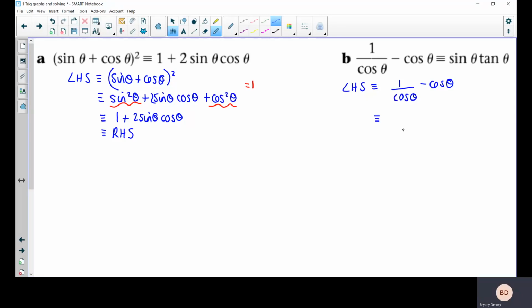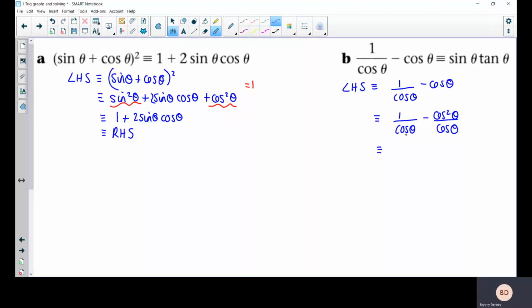I have an identity with tan and having sine theta over cos theta, but I don't really have a tan on this side just yet. So what I'm thinking of doing is making the minus cos theta, writing it in terms of cos squared theta over cos theta.